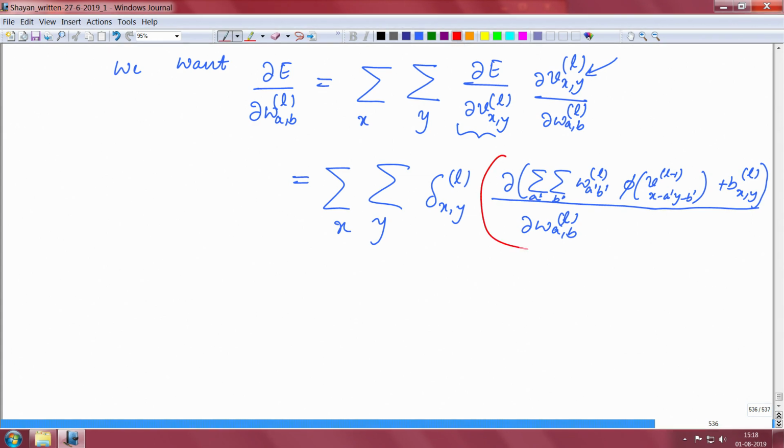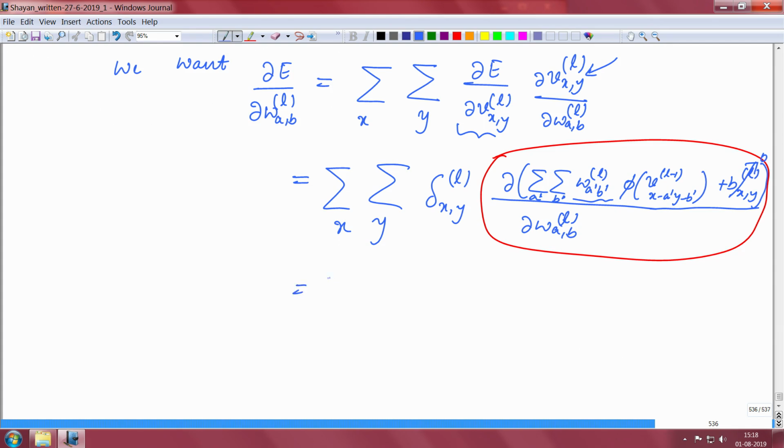Again, if you look at this term, the derivative term is non-zero only when a prime is equal to a and b prime is equal to b. That is for this term. However, if you look at the bias term, which is independent of a comma b, this term goes to 0.